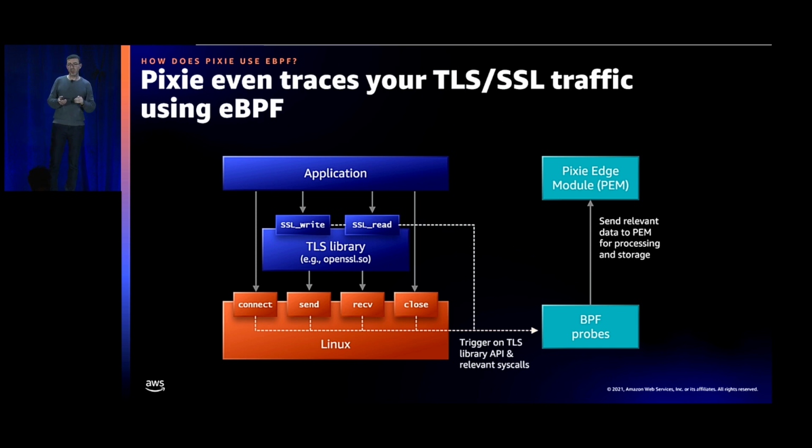Every time you send some data that's meant to go through your TLS library, like OpenSSL, to get encrypted and sent out over the network, you say, at the interface, at its input, before it gets encrypted, snoop the data. Right? Put an eBPF probe right there to capture the data and push it out to Pixie so that we collect all the communications. And so we can also trace TLS or SSL traffic out of the box.